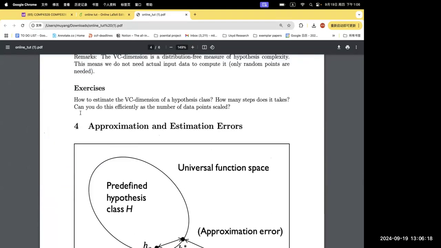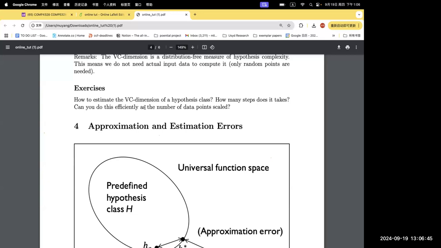Okay, and there's one final question: can you do this efficiently as the number of data points increases? Quite obviously, the answer is you cannot. Essentially, at every step you need to check whether the number of classifications you found is the same as the total number of classifications.